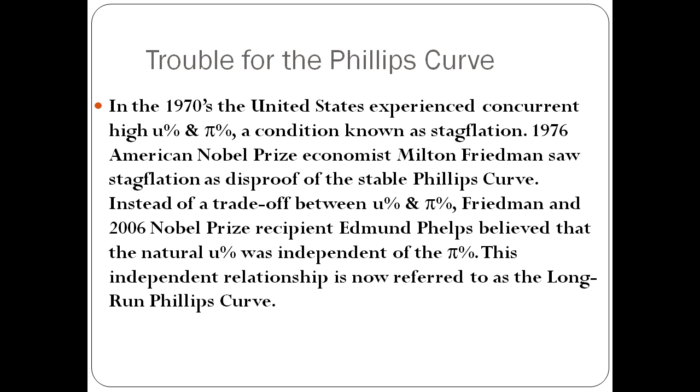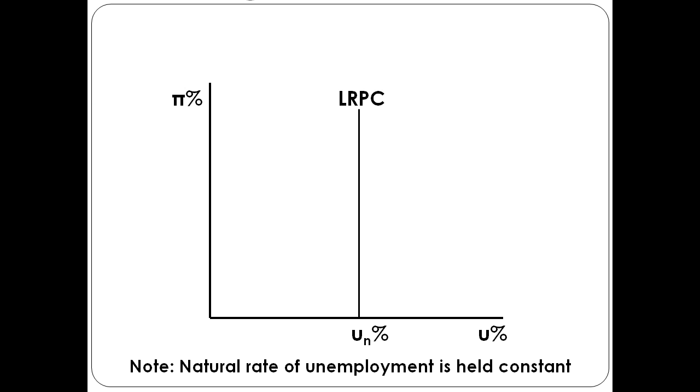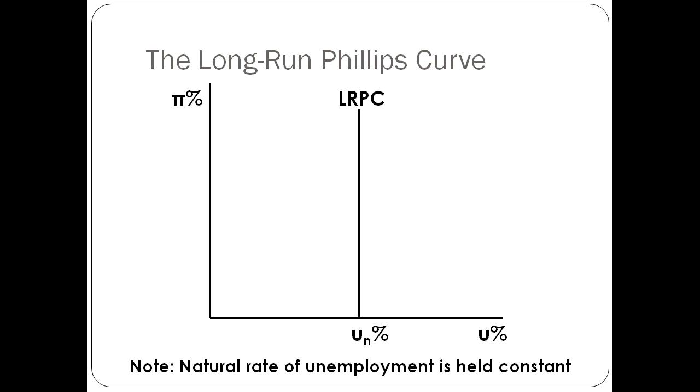So let's take a look at this long-run Phillips curve. It's going to look like this. We're going to have the inflation rate on our y-axis and the unemployment rate on our x-axis. Then we are going to have a vertical long-run Phillips curve represented by the variable LRPC, and right below that you're going to have UN percentage, which stands for the natural rate of unemployment.